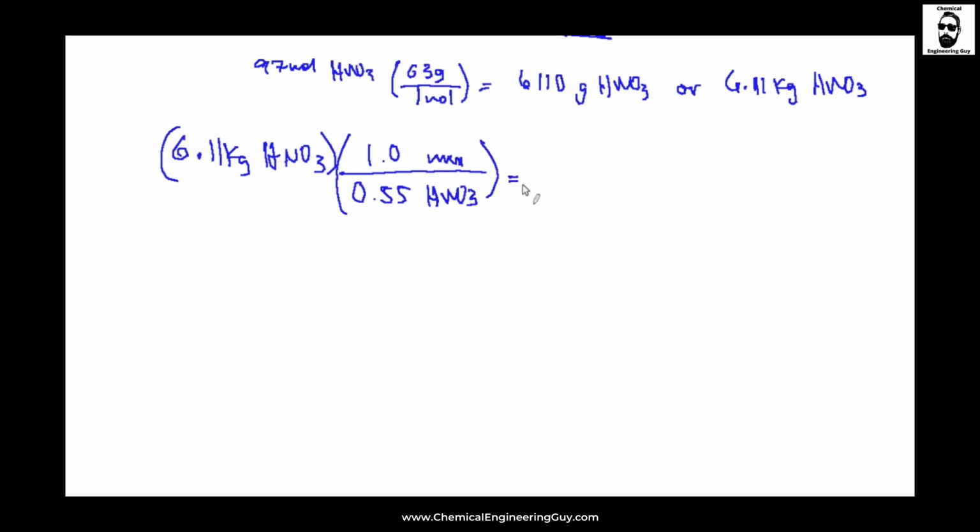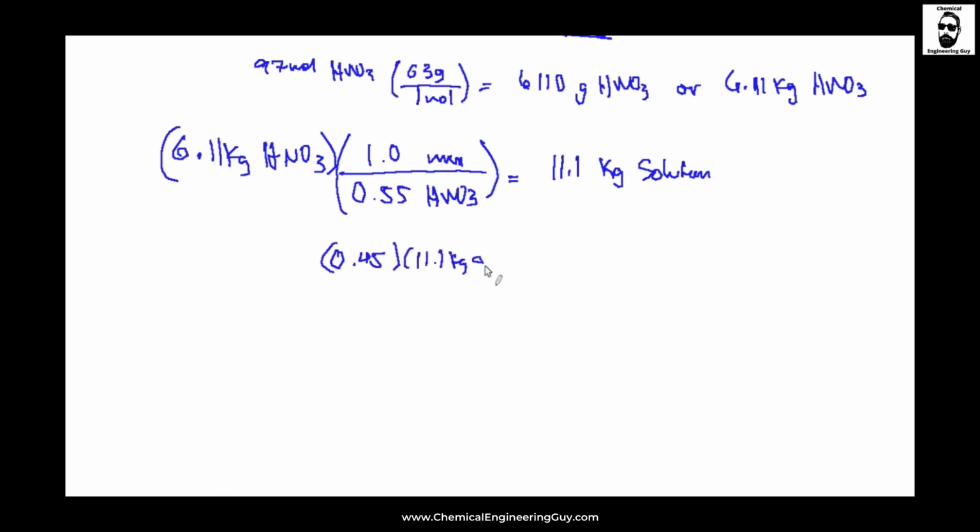So I just need to divide this. You should get around, let me calculate that, 6.11, 11.1, let's see, 11.1 kilograms of solution. And that means that 0.45 of that, it's water.